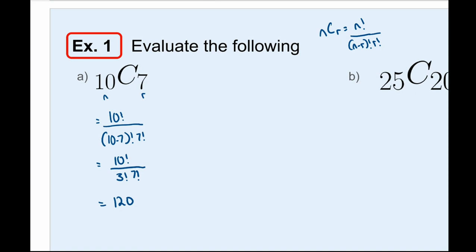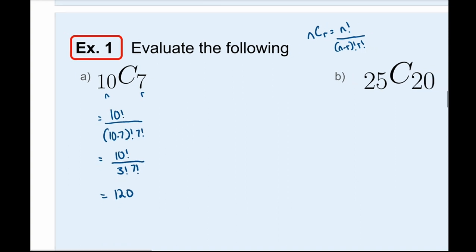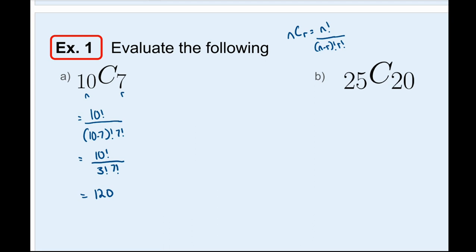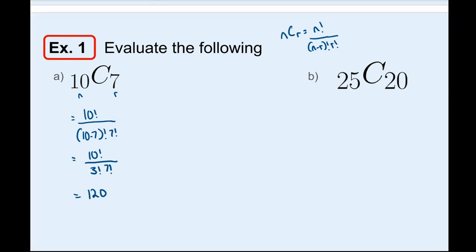Again, the idea is just plugging in, or at least recognizing what your n and your r is, and then plugging that into the formula. For B, 25C20, or 25 objects choosing 20 of them, we have 25 factorial divided by 25 minus 20 factorial times 20 factorial.